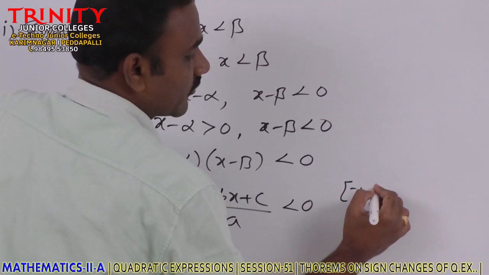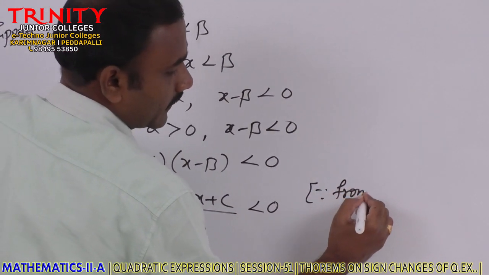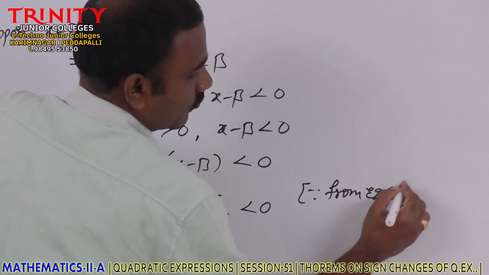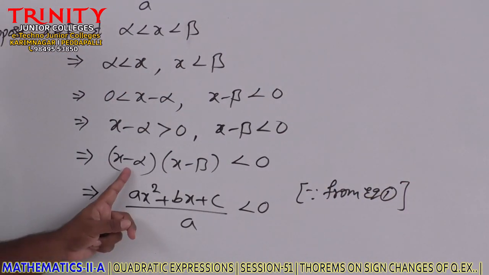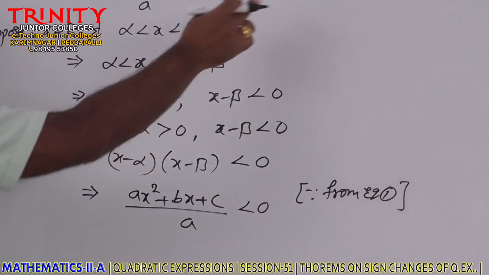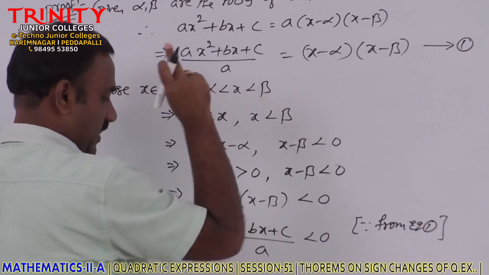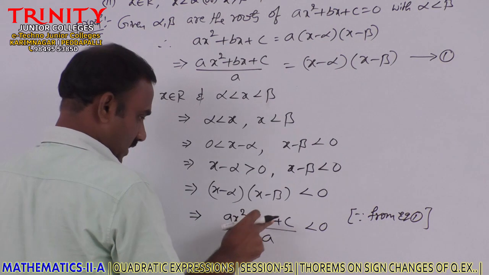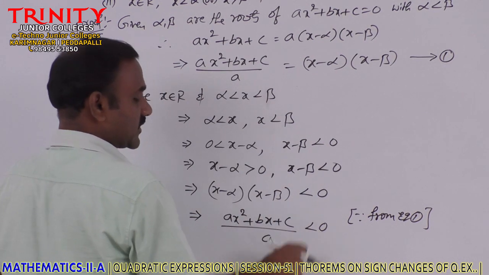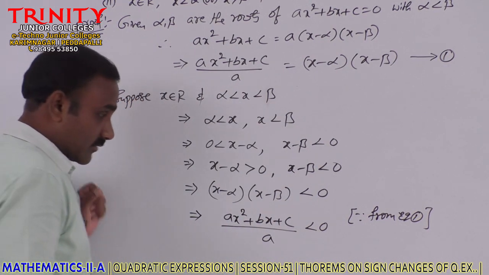Since from equation 1 we have replaced x minus alpha into x minus beta. In equation number 1 we have (ax square plus bx plus c) by a is less than 0. See, when is it possible?